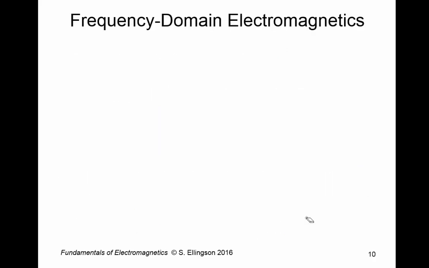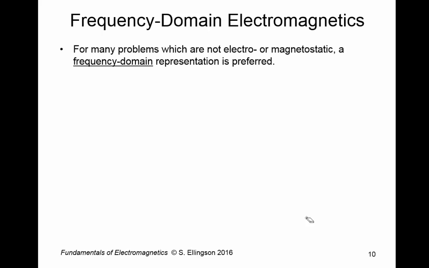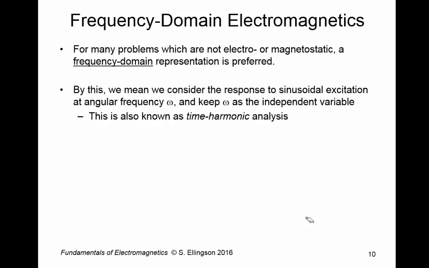Okay, frequency domain electromagnetics. For many problems which are not either electrostatic or magnetostatic, we prefer frequency domain representation. So what do we mean by that? Well, what we mean is that we consider the response to a sinusoidal excitation at an angular frequency omega, right?